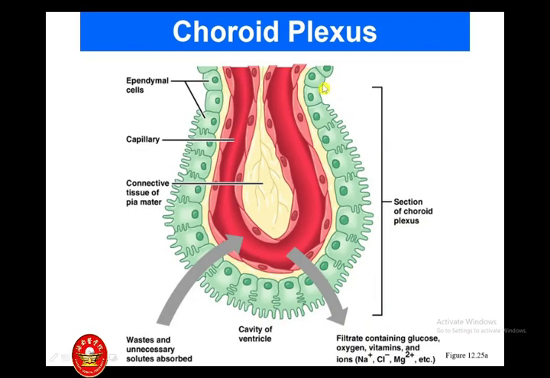Here is a simple diagram of the choroid plexus, and we can see a section of it. We have here the ependymal cell, the capillary and the capillary wall, and we can see that waste and unnecessary fluid are absorbed back into the blood capillary, and the filtrate contains glucose, oxygen, vitamins and ions.